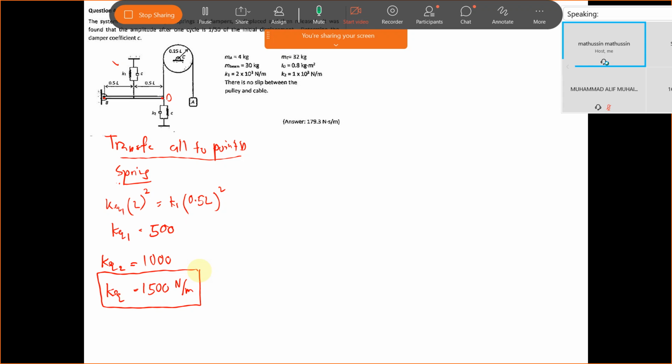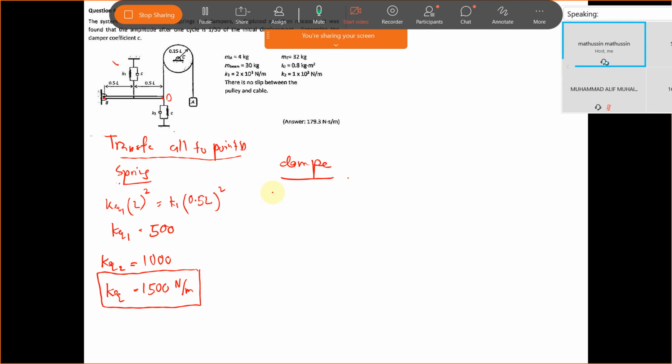And then lepas tu kita akan ambil yang damper pula. So for damper, what is our damper? Sama juga kan?